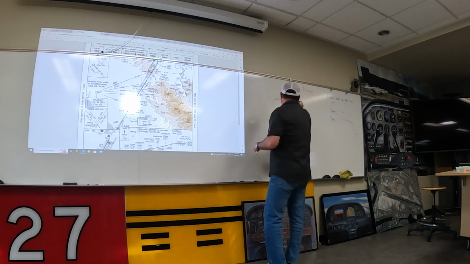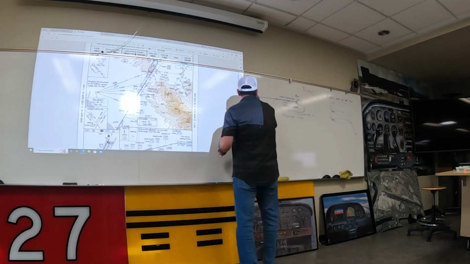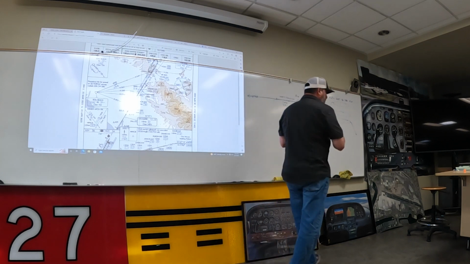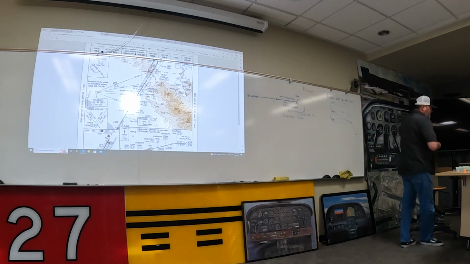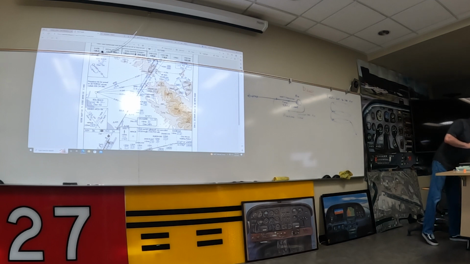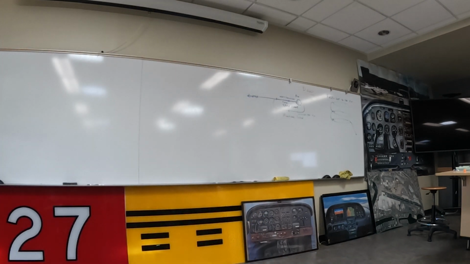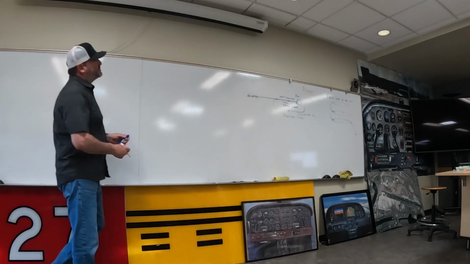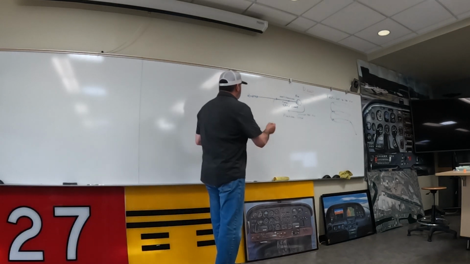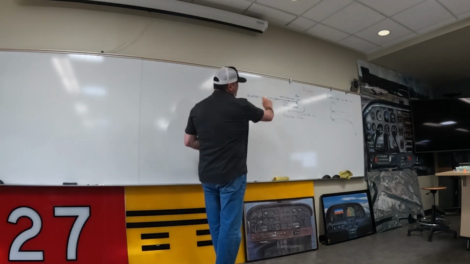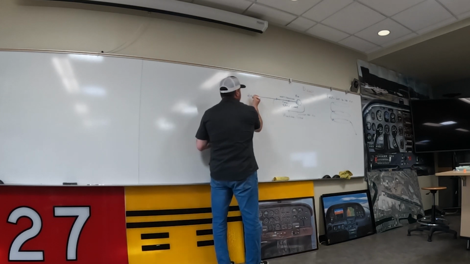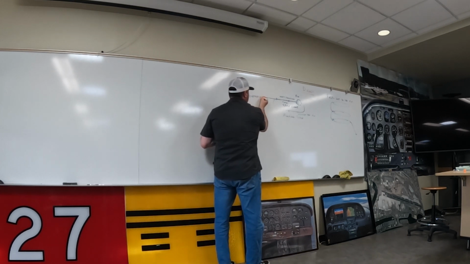And let's just say, for simplicity's sake, this is radial 270 off of that VOR. Let's just say I'm flying to the VOR on radial 270 and I'm tracking in this direction.